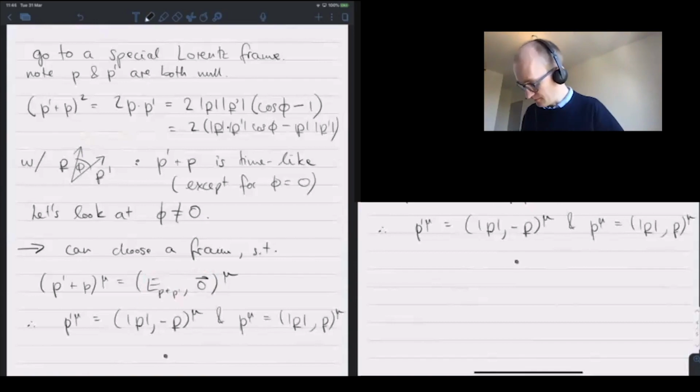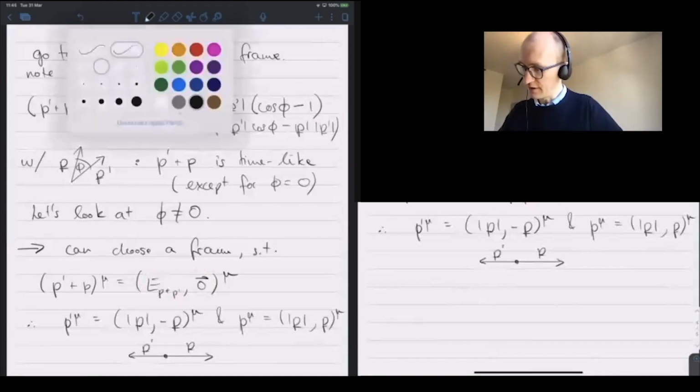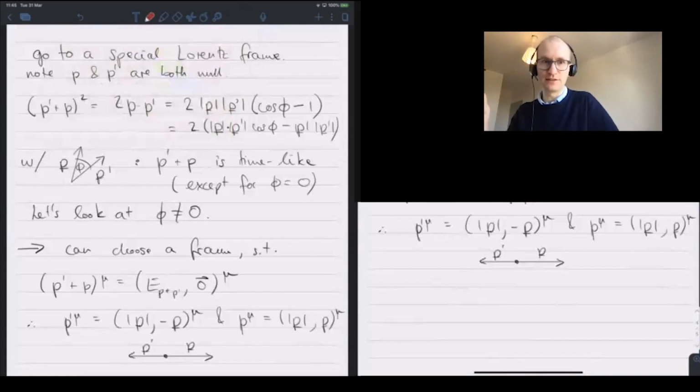So in this frame we have P prime and P. Why is this a nice frame? You notice immediately, intuitively, there's a lot of symmetry. There's axial symmetry in this frame, and we're going to exploit it by looking at Lorentz transformations which do rotations around this axis.